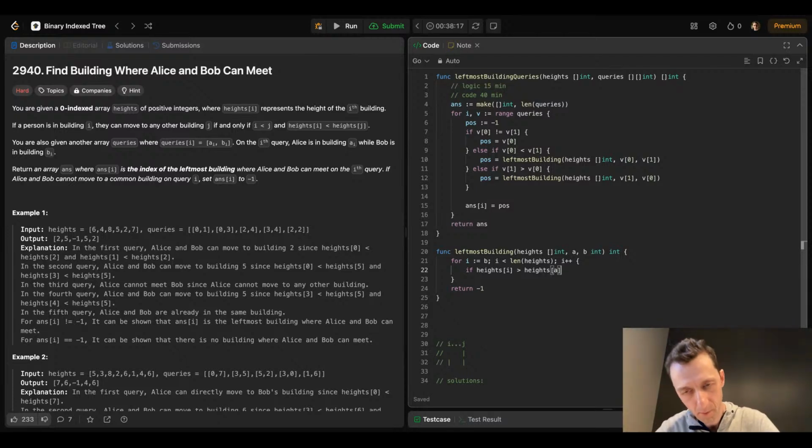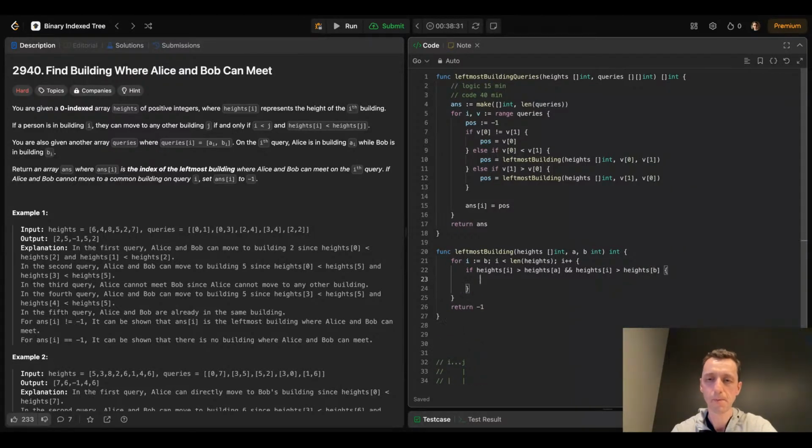And if heights I is bigger than heights B, then return I.